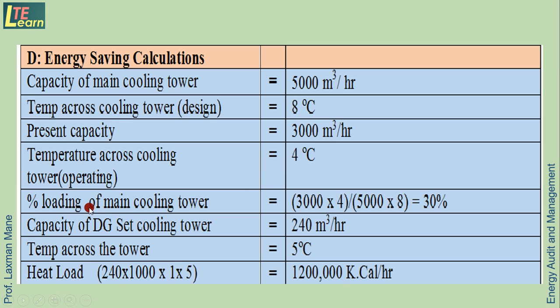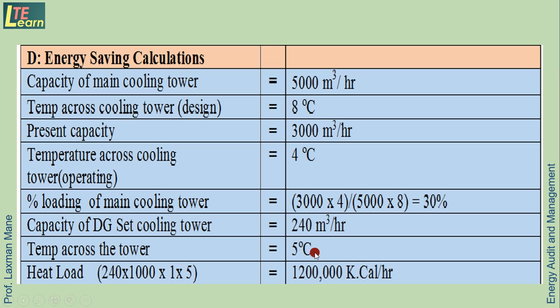So here we can find the percentage loading of main cooling tower. How? Product of 3000 into 4 divided by the product of the main cooling tower capacity and the temperature term. So it comes to 30%.